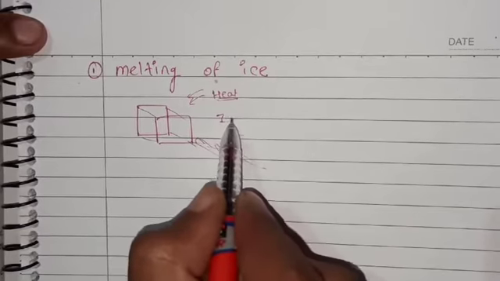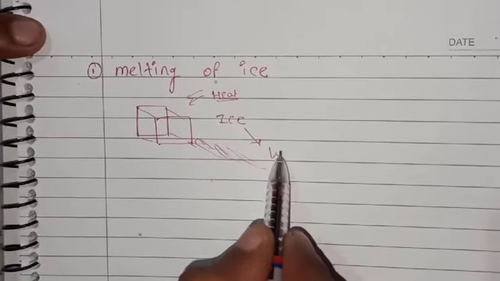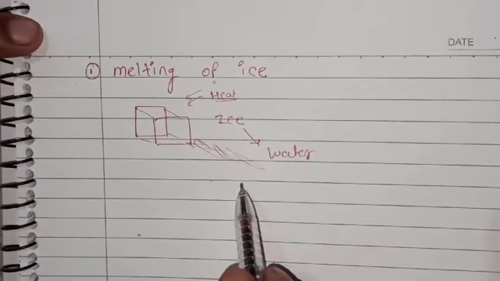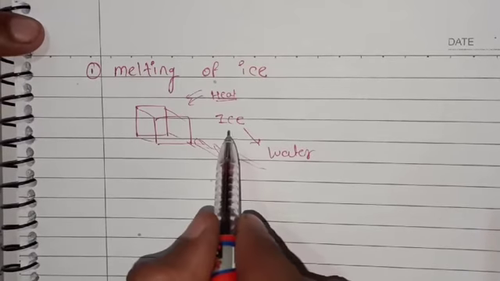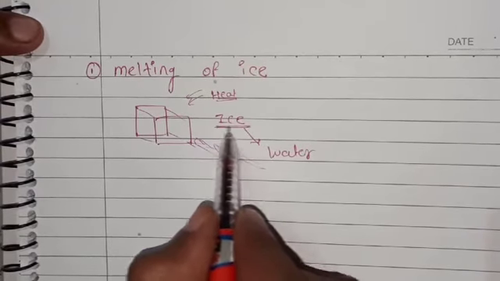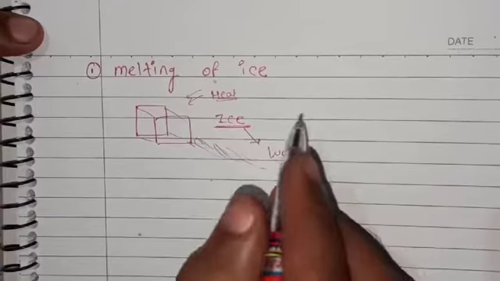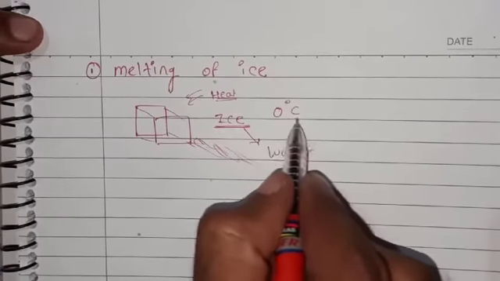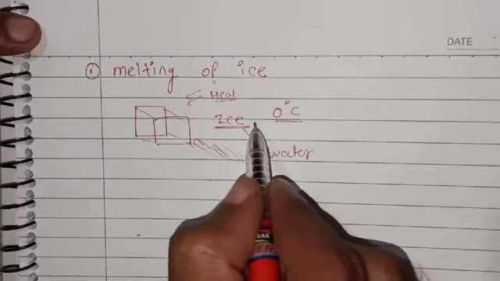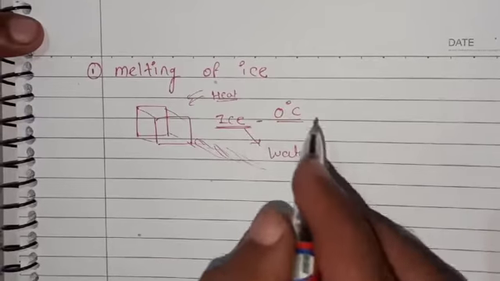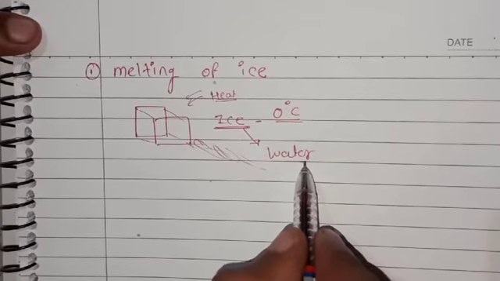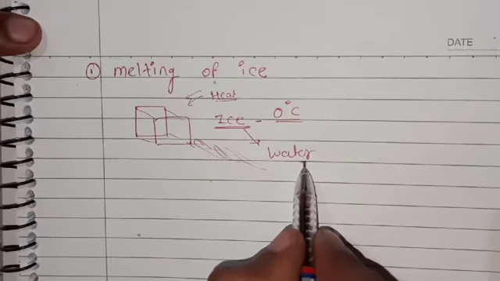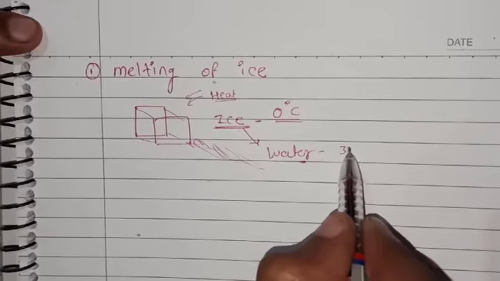Okay, means this ice converts into water. What will be the temperature of ice? About 0 degree Celsius. At 0 degree Celsius ice is formed. And what is the room temperature of water, the normal temperature of water? It is around 30 degrees, we say.